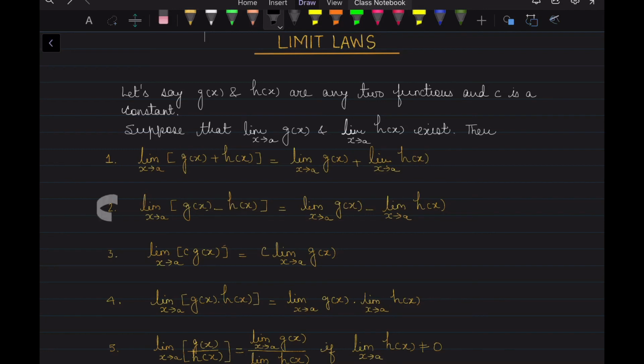Similarly, we have the difference law, which says that the limit of a difference is equal to the difference of the limits. And then we have the constant multiple law, which says that the limit of a constant times a function is equal to the constant times the limit of the function. And then we have the product law, which says that the limit of a product is equal to the product of the limits.